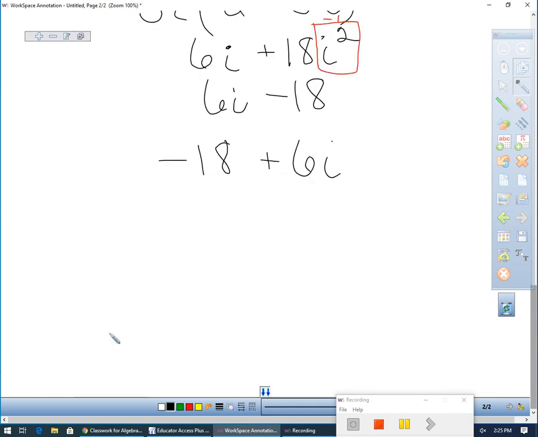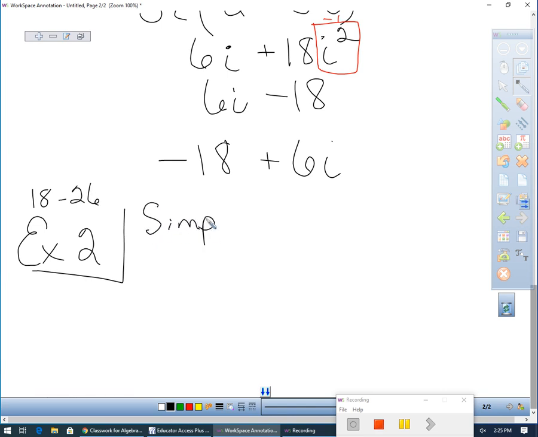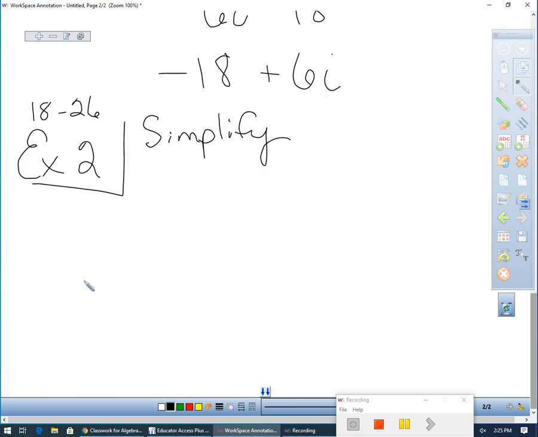Here we go. So, actually, let's do example number 2. This is going to fit from 18 through 26. It's just going to say simplify in the directions. Alright, so maybe we have 3 plus 2i plus 4 minus 5i.